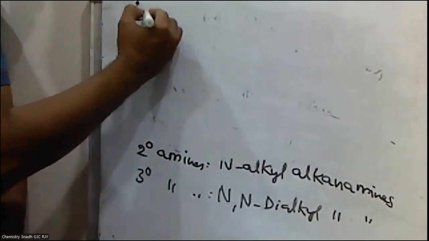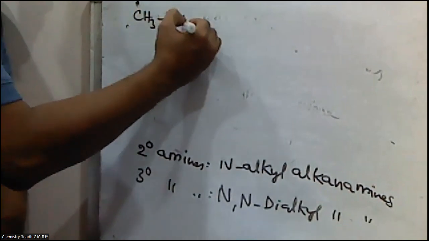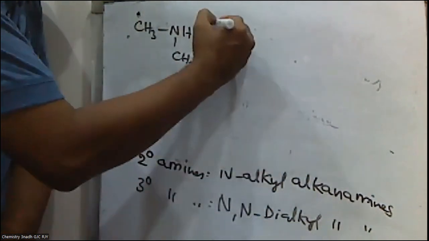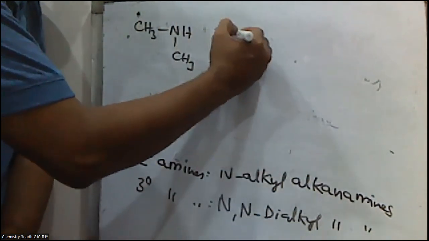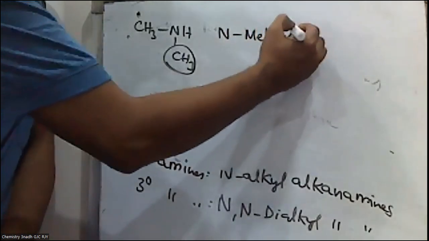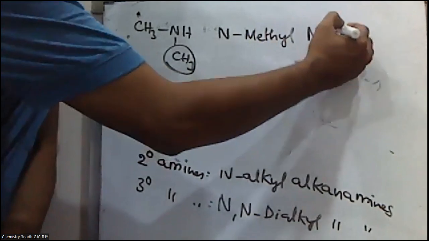For example, if you take CH3NHCH3, this is a secondary amine because two alkyl groups are present. We know that in ammonia, if two hydrogens are replaced with alkyl groups, it is called a secondary amine. So its name is N-alkyl, meaning N, and what is the alkyl group? Methyl. N-methyl methanamine.